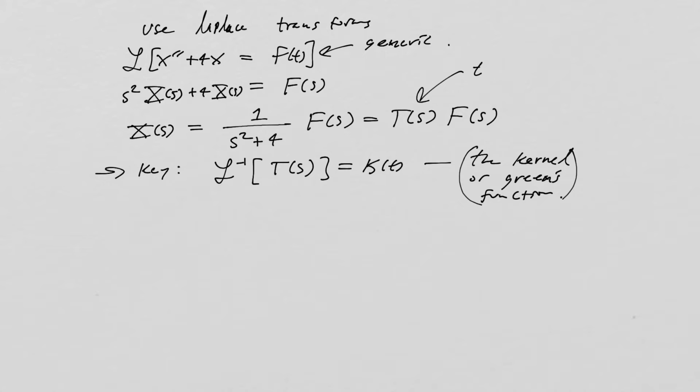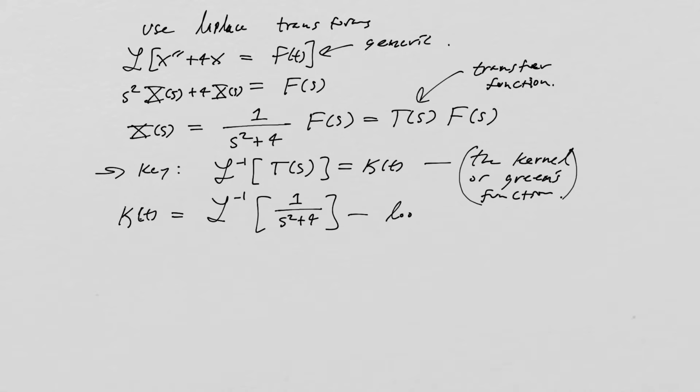And this, of course, we call the transfer function. And what we're going to get, of course, is x of t is equal to the inverse Laplace transform of, not x of t, I'm sorry, that was going to be our kappa of t is 1 over s squared plus 4. Okay, so we can look at the table.